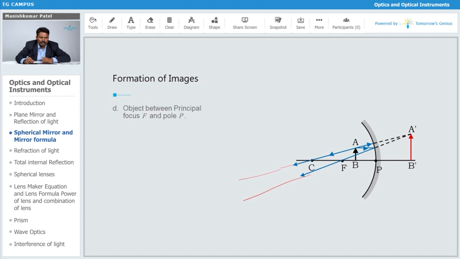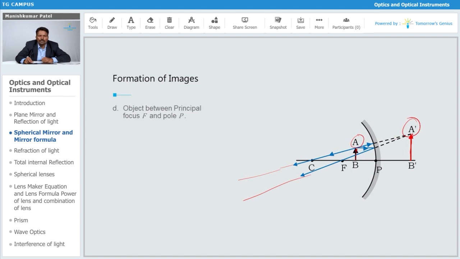But if you extend these two rays in the backward direction, that is behind the mirror, you will find that the rays are supposed to come from this point, that is A dash. So this is a kind of virtual image that has been formed for this A. For every point on this object AB there is a formation of image, which we will call a virtual image.